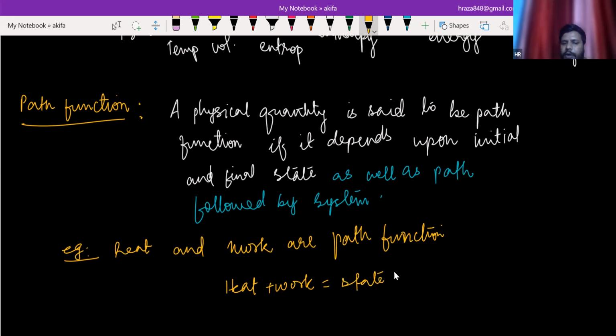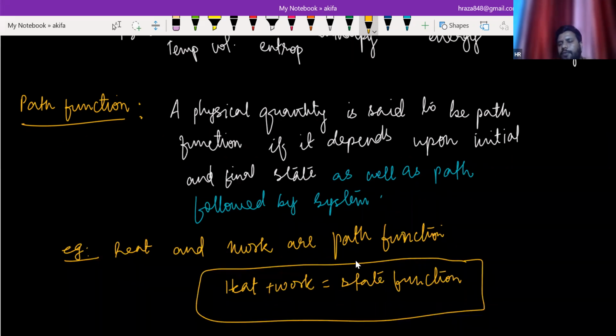We will come to know why this is a state function. Individually, heat and work are path functions, but when we sum heat and work, it will give a state function that is known as internal energy. So it is very important to note that. Please write it, then we will move to the next.